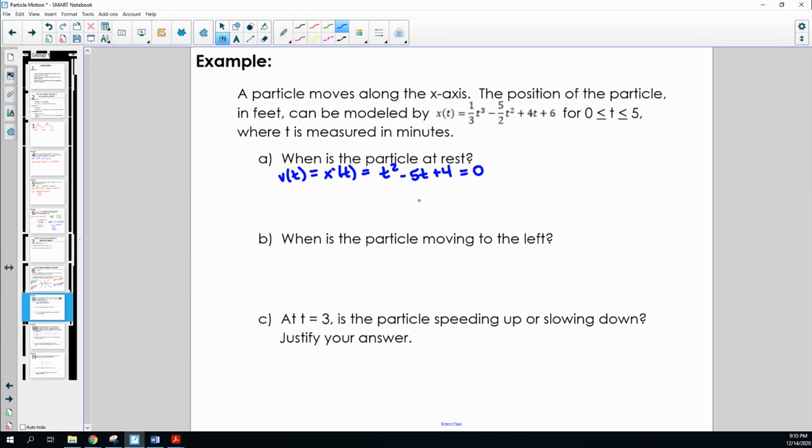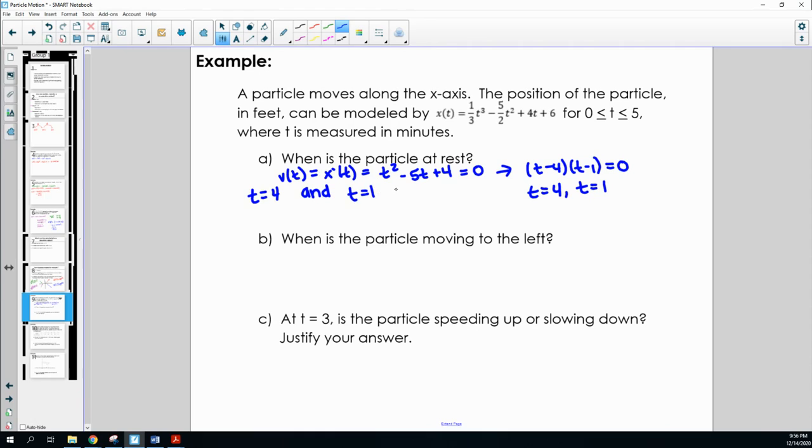Here we have a regular quadratic that we can just factor. If I factor this, it's going to be t minus 4 and t minus 1, and that equals 0. So I solve and I get t equals 4 and t equals 1. That could be my answer. I'll just write it over here a little bit neater: t equals 4 and t equals 1.